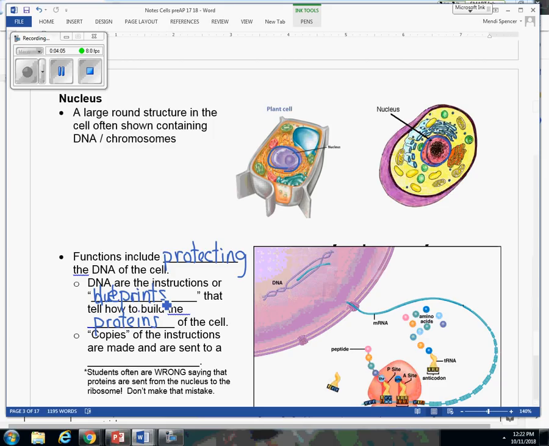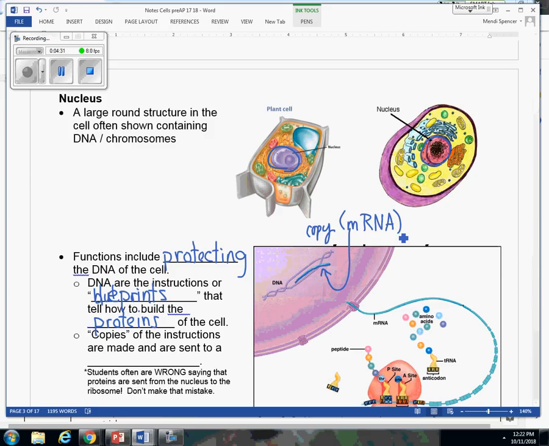Now, the DNA is super important, and we will never let it out of the nucleus. So what we're going to do to the DNA is we're going to make a copy of the instructions. And that's what this diagram is showing you right here. This right here is the copy, it's a molecule, and we already talked a little bit about RNA. So this is an RNA molecule. As a matter of fact, that M stands for messenger.